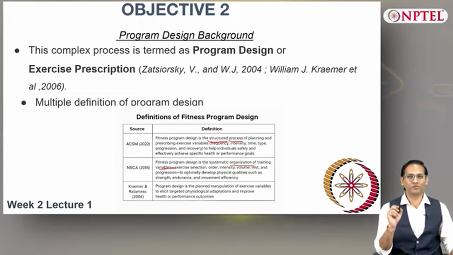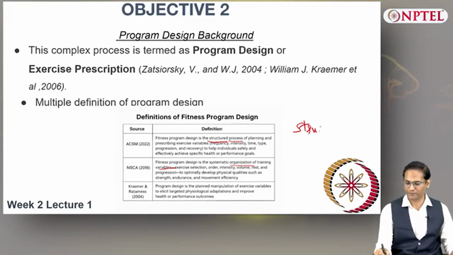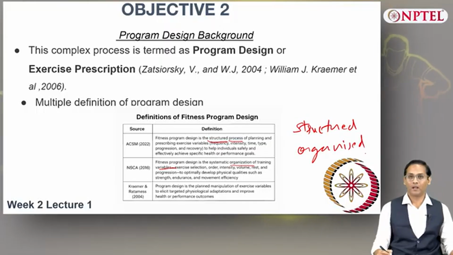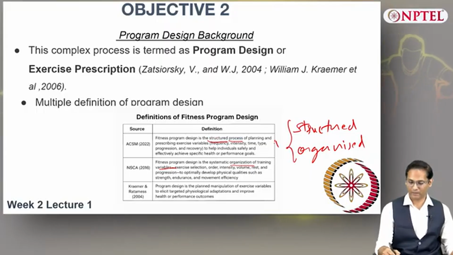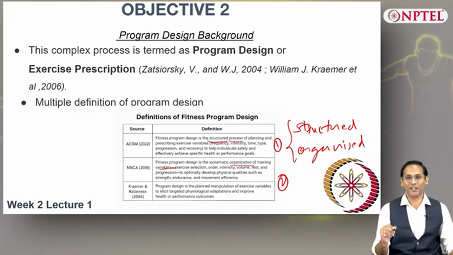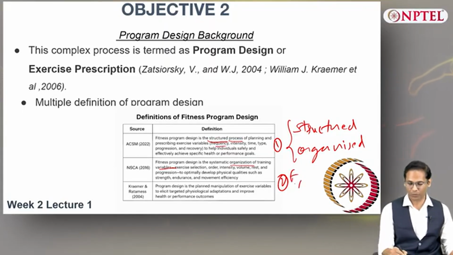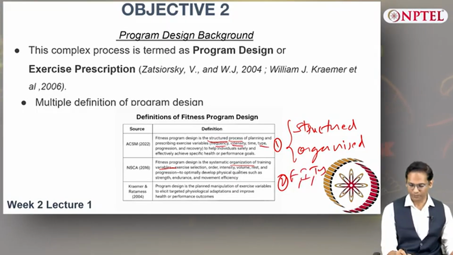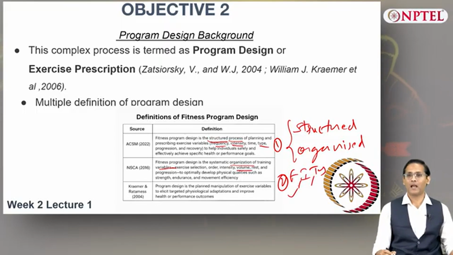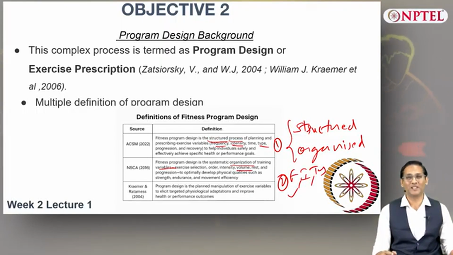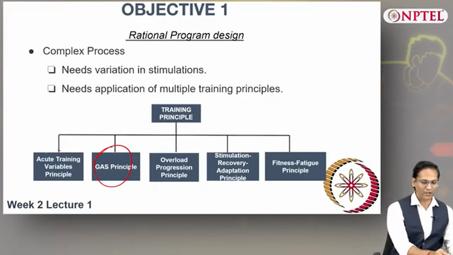So program design is structured, it is organized, and second, it includes training variables or exercise variables, which are frequency, intensity, type, volume, FITV, which is called the acute training variables.